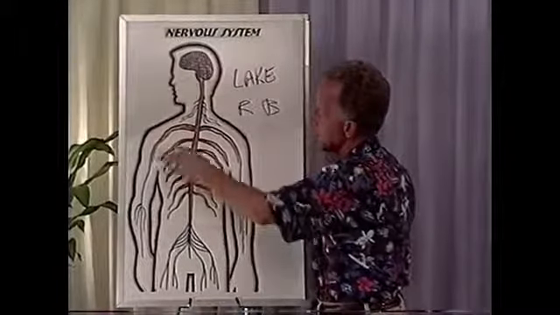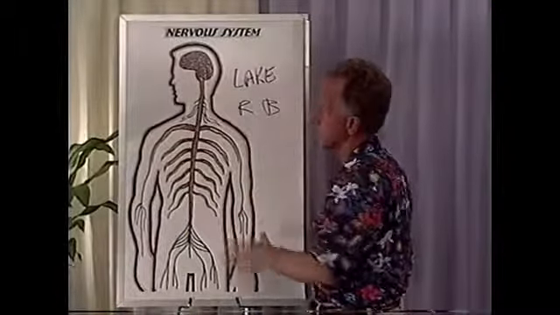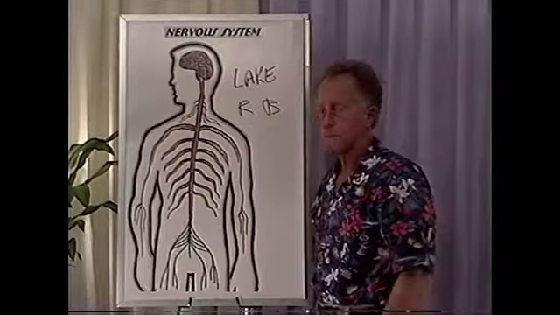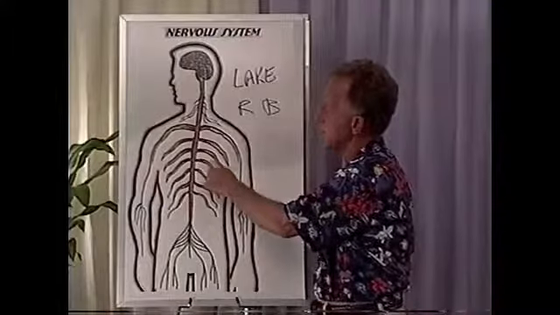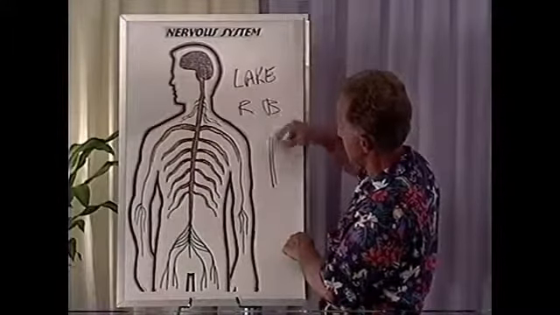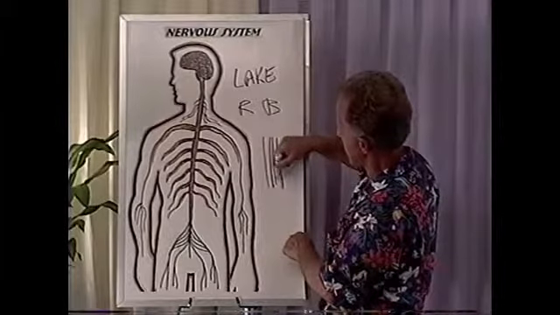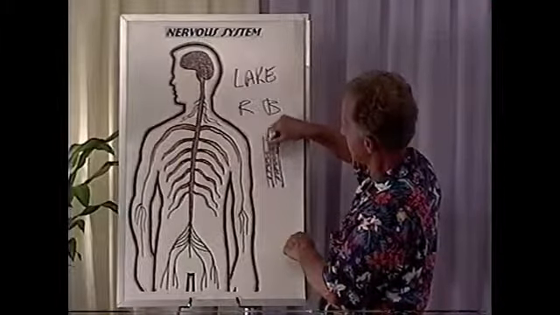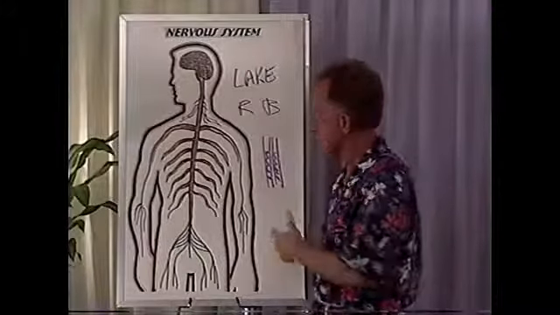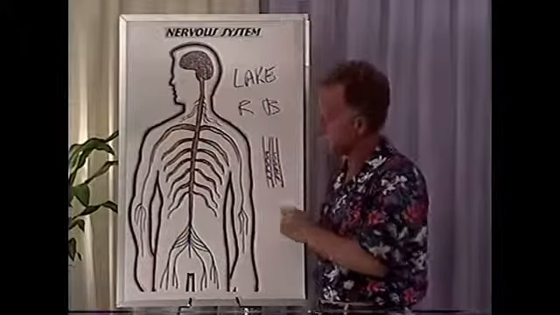We get on down here into the peripheral system. There is a serious illness, multiple sclerosis. Essentially, if you look at this nerve going through your body, it's got a layer of insulation on the outside of it, kind of like an electrical wire, called the myelin sheath.